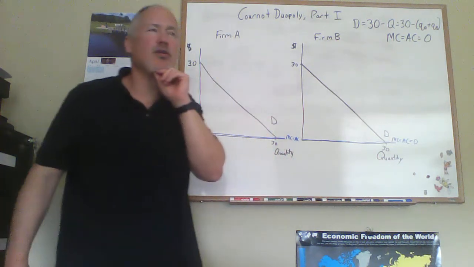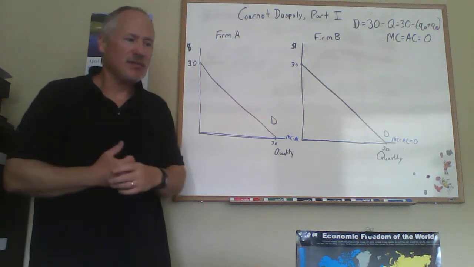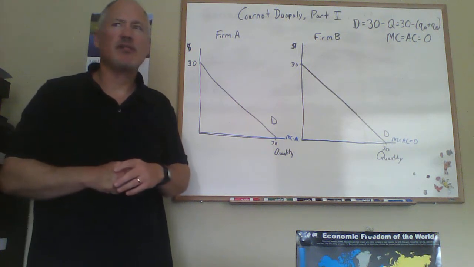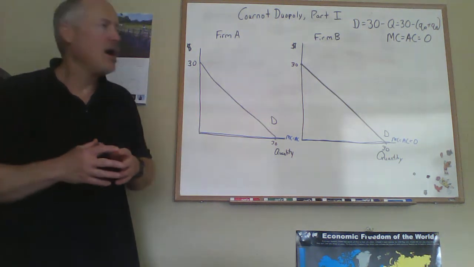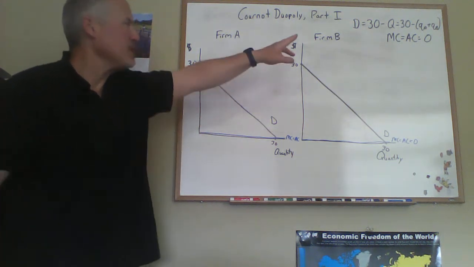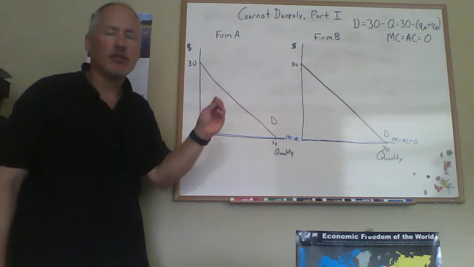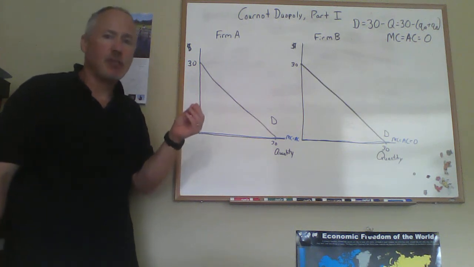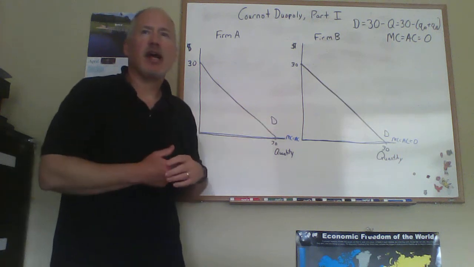In the chapter, they go through an example where there's a competition between the firms and their products are imperfect substitutes. We're not going to do that, but when we simply add QA and QB together, we are making an assumption here that the products of firms A and B are perfect substitutes for each other, which sort of makes sense given the example that Cournot gave.